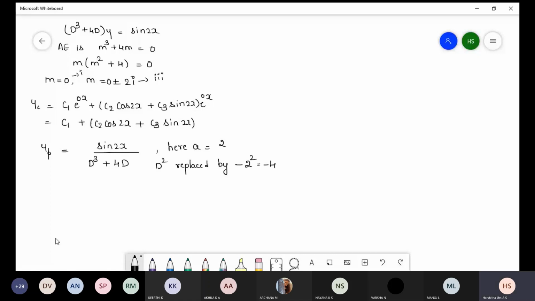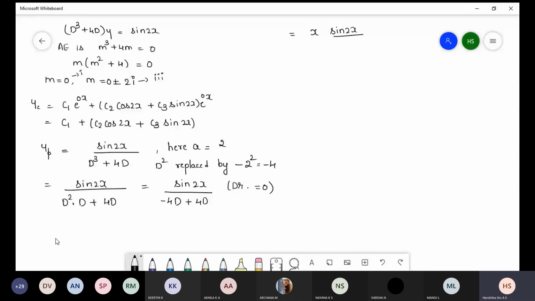So sin 2x, here I split this d cube as d square into d, plus 4d. So sin 2x divided by d square means minus 4, here I will write d plus 4d. This means denominator is 0. When denominator is 0, we have to write x into sin 2x.